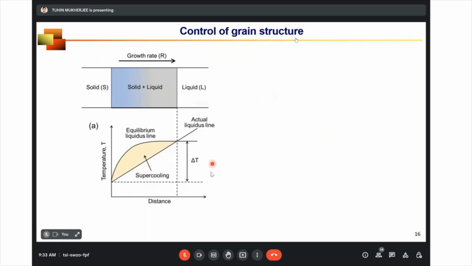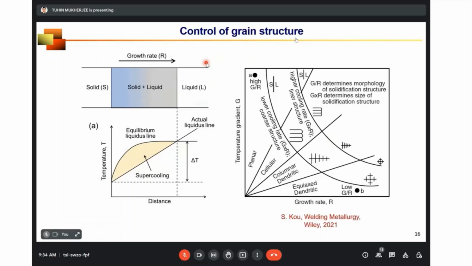Two parameters, one is the temperature gradient G and the other is the growth rate R. These two parameters control solidification morphology and the grain size. If we plot temperature gradient versus growth rate, the slope of this plot, which is G by R, can give us the solidification morphology, whether this is equiaxed dendrite, columnar dendrite, cellular or planar. Generally for additive manufacturing, we see columnar dendrite and equiaxed dendrite.